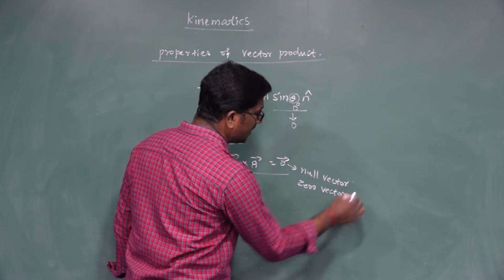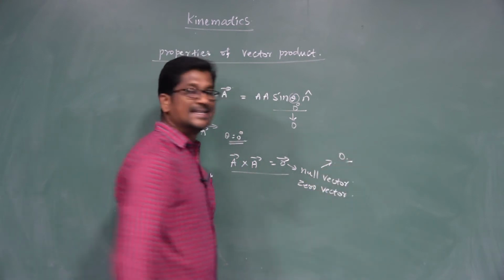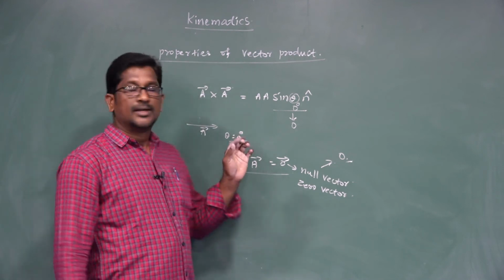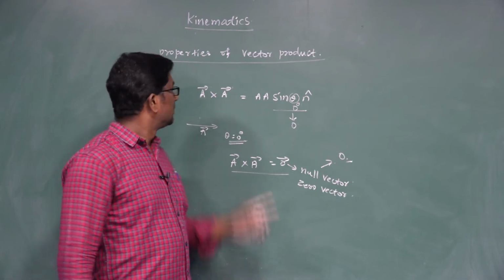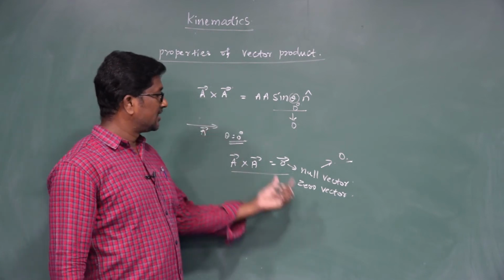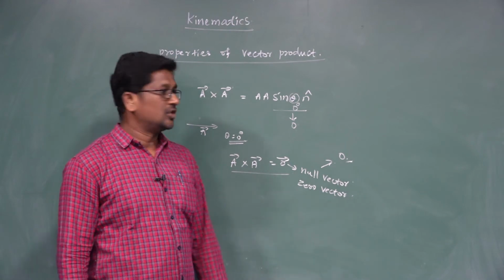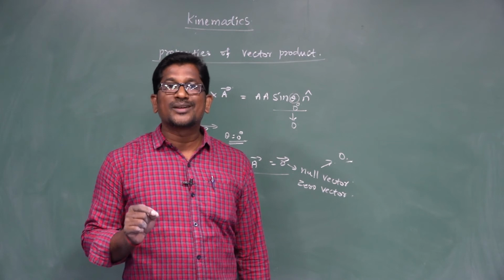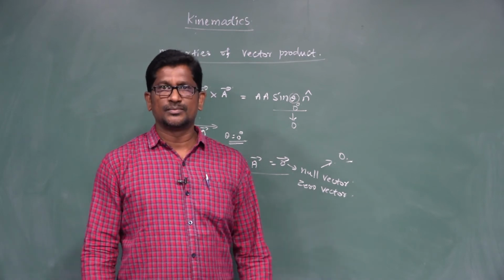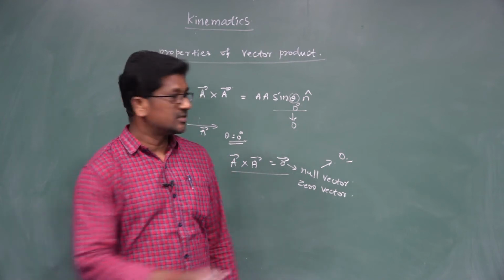In physics, null vector is simply represented by 0, right? The self cross product is always a null vector. That is, A vector cross A vector is equal to 0. Similarly, the self cross product of unit vector is also 0, right?